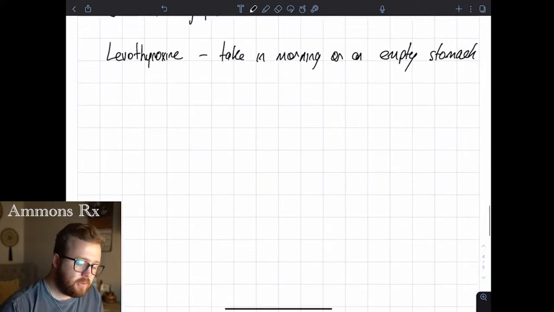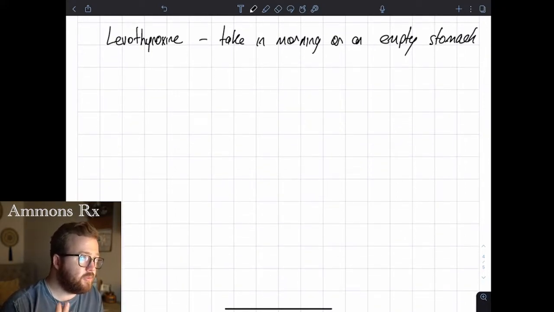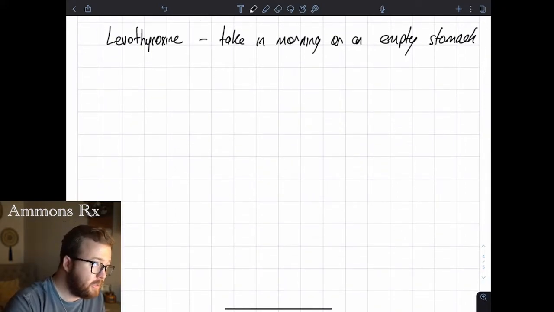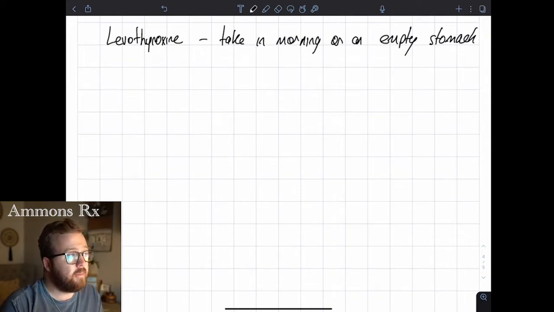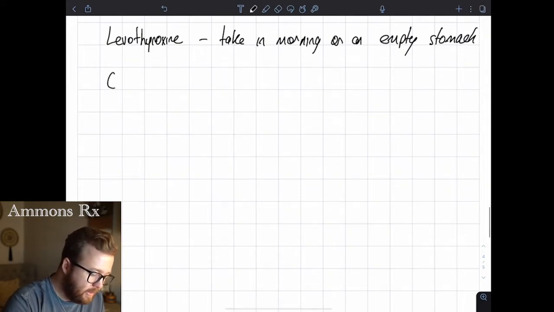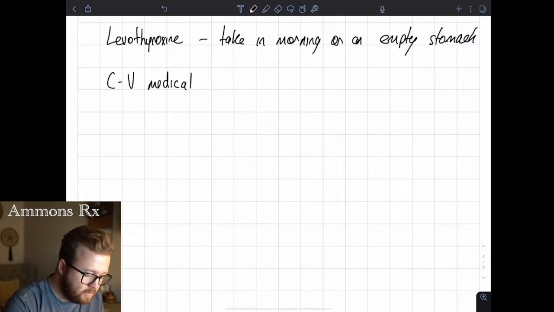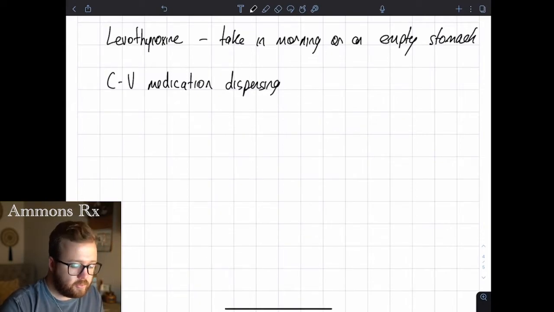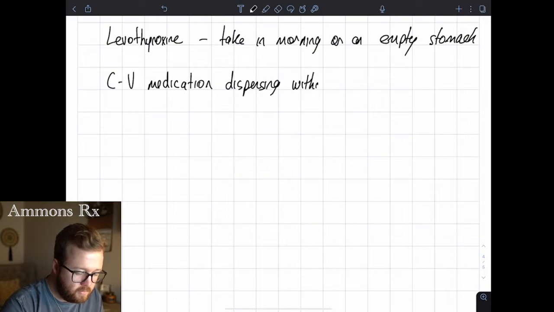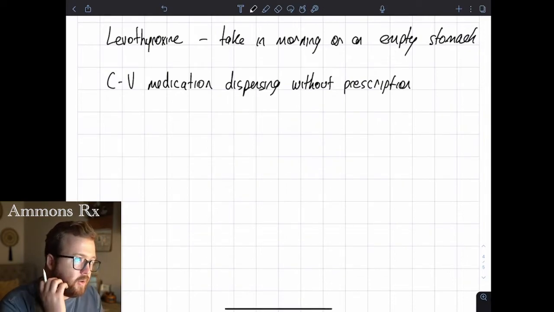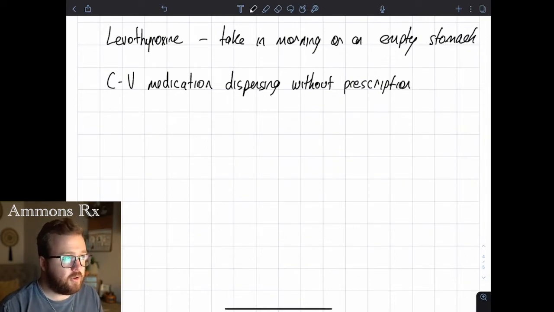Okay. So this is something that I will have you sort of memorize, and it is the amount of class 5 medication dispensing without a prescription. Now, a lot of states are changing the laws on these.